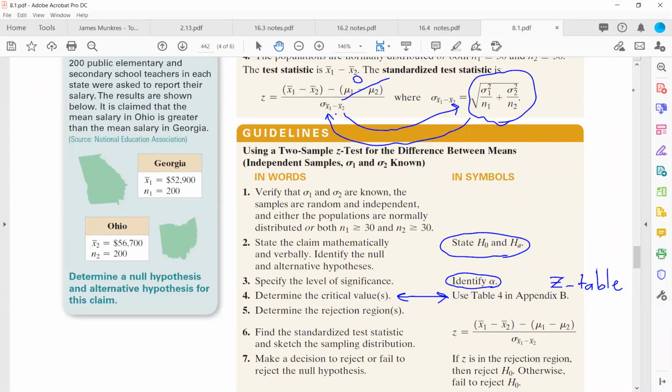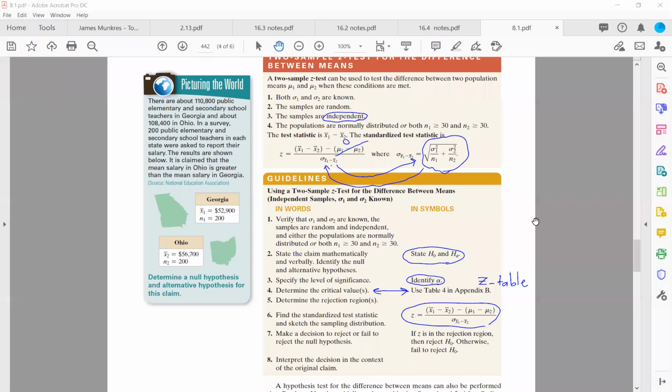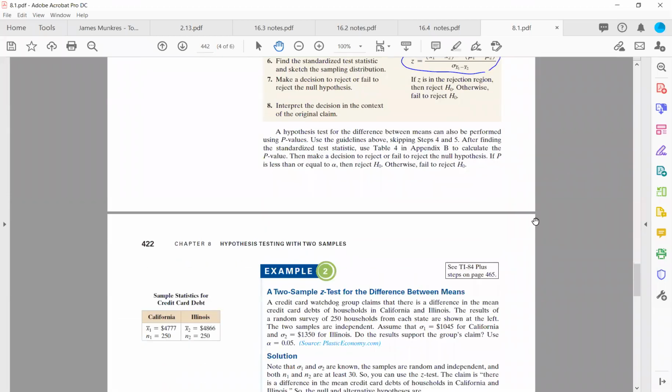Then you need to find your standardized test statistic, which is equal to x1 bar minus x2 bar, minus 0, divided by square root of sigma 1 squared over n1 plus sigma 2 squared over n2. If z is inside the rejection region, you reject your null hypothesis. Let us go over one example, see what's going on.